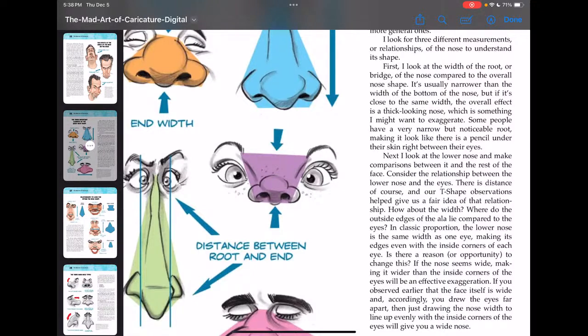There's a distance, of course, and our T-shaped observation helped give us a fair idea of that relationship. How about the width? Where do the outside edges of the ala lie compared to the eyes? In classic proportion, the lower nose is the same width as one eye, with its edges even with the inside corners of each eye. Is there a reason or opportunity to change this?